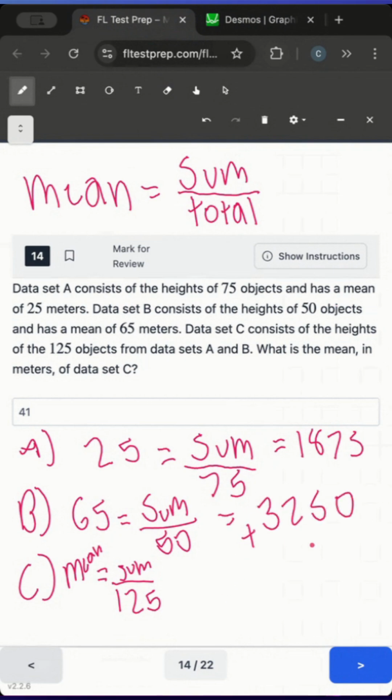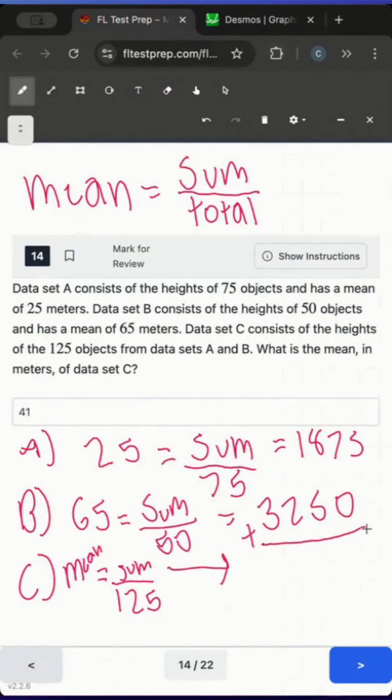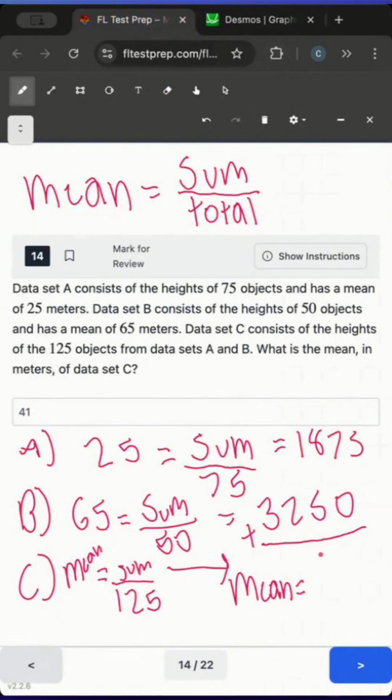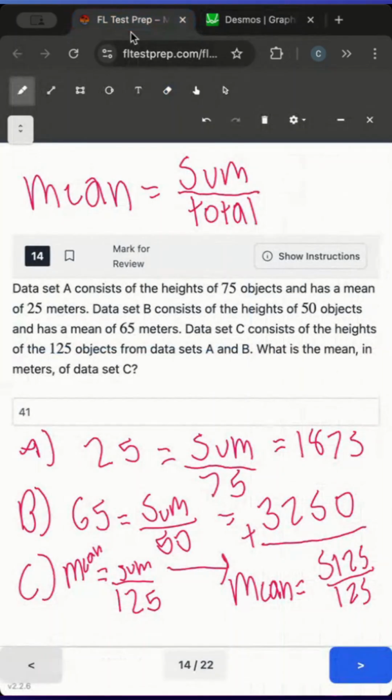And if I add these together, I find the sum of C. So 1875 plus 3250 is going to be 5,125. So the mean is going to be equal to 5,125 over 125. If I just do that, I can find the answer to this question. So the correct answer for this question is 41.